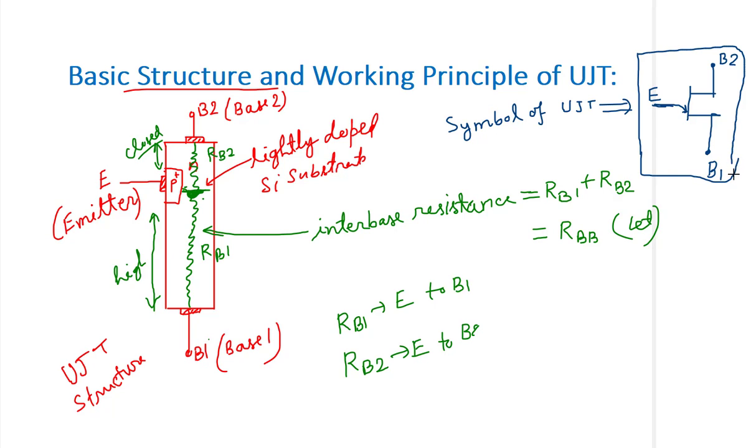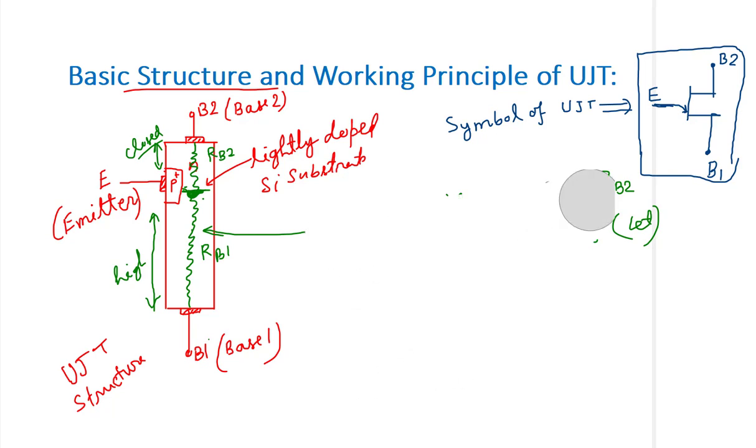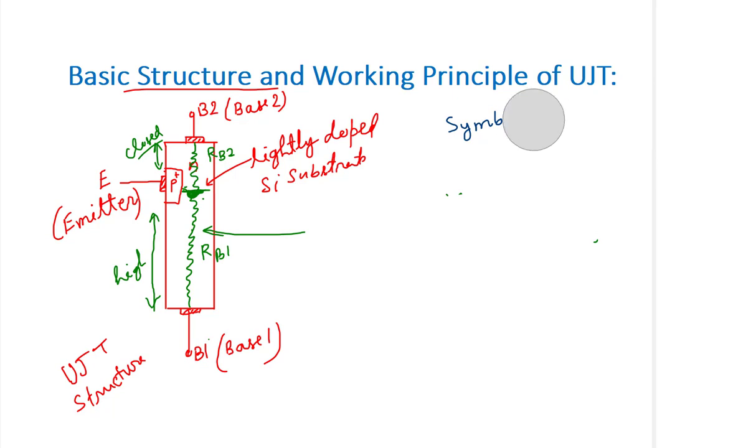Next, we will draw the equivalent circuit of the UJT. This is the base 2, with its resistance RB2.